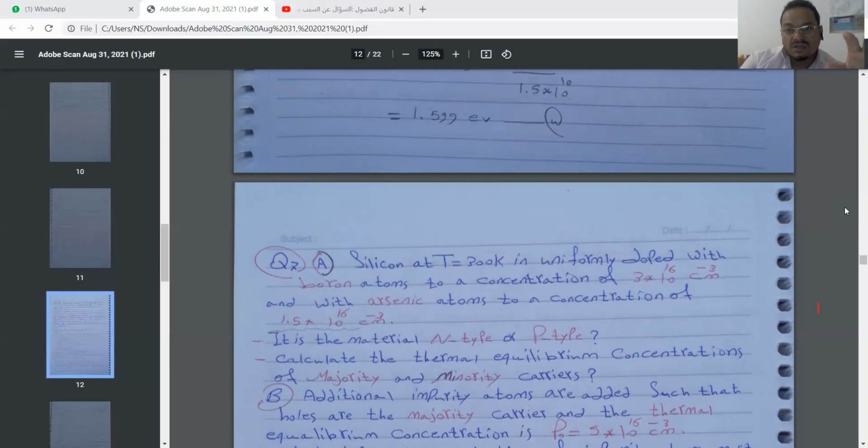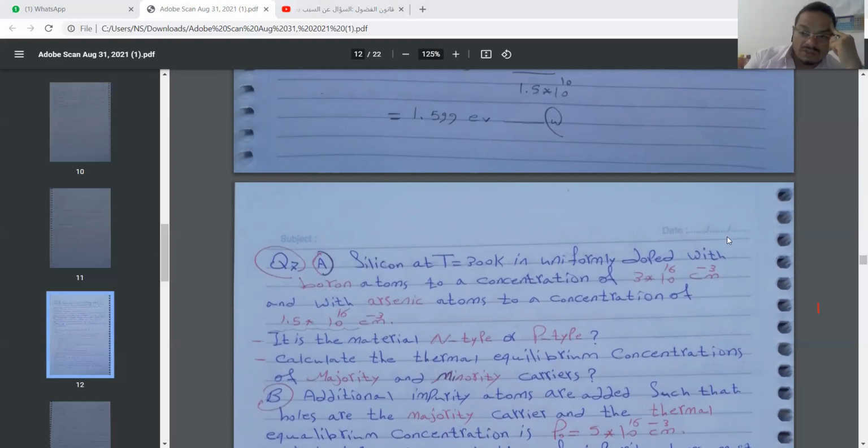We must calculate many equations, and after that we can decide, because here the silicon is first doped with boron and has Na acceptor concentration at the valence band, and after that doped with arsenic, which has Nd donor concentration at the conduction band, so we must be careful.